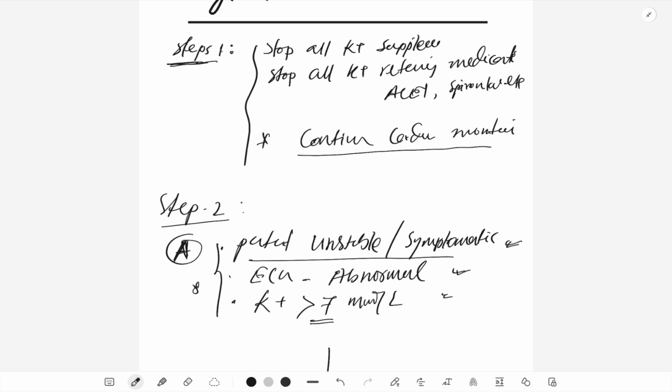Just when the potassium level exceeds 7, you should go for calcium gluconate, because in the state of hyperkalemia, when the level of potassium is more than 7, the resting membrane potential becomes very unstable, and patients are prone to develop cardiac arrhythmia. So to prevent this cardiac arrhythmia, whenever you see a potassium level of more than 7, you must go for calcium gluconate.